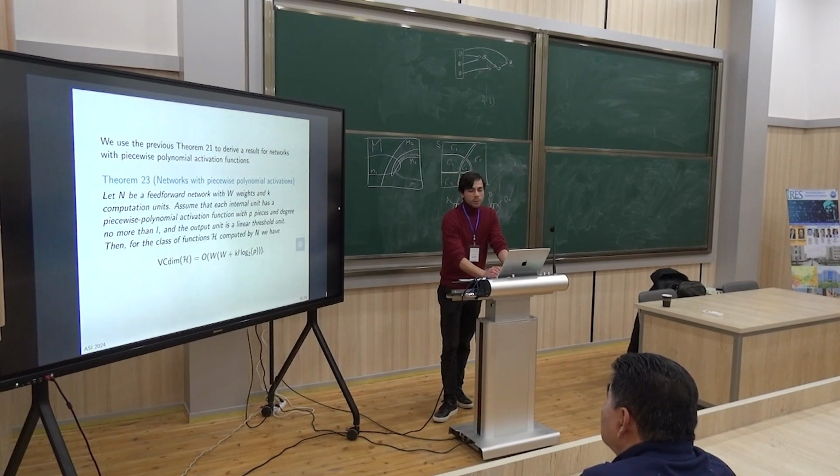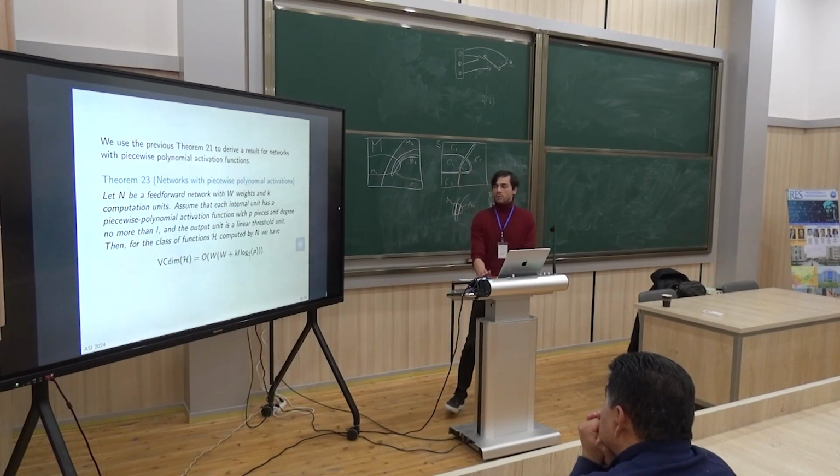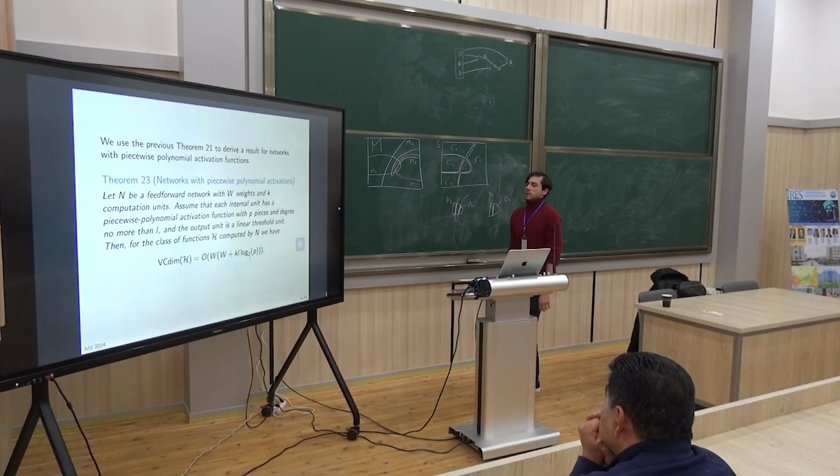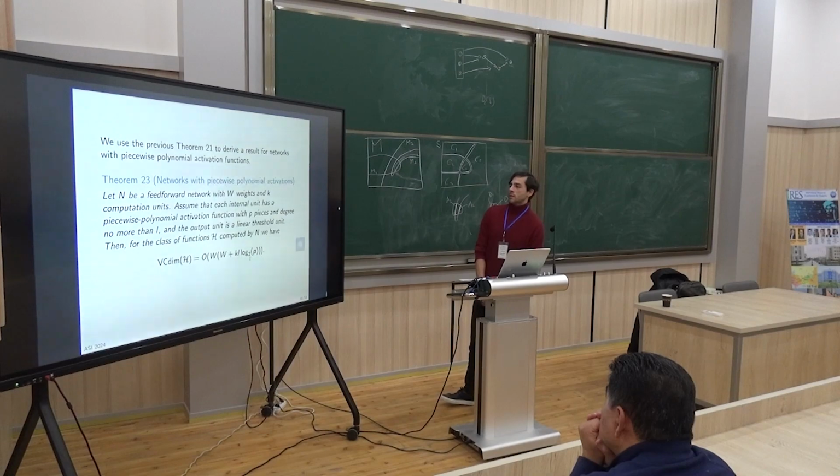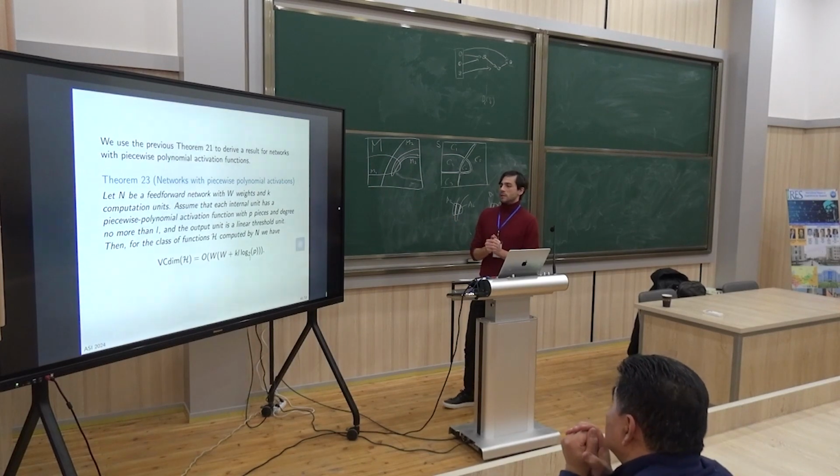Then the class of functions that we have satisfies this bound for the VC dimension. We can also obtain a result here for the log function. So in this case, W plus W k L log p. W is the number of parameters, k here is the number of computational units, p is the number of pieces of the activation, and L is the degree.